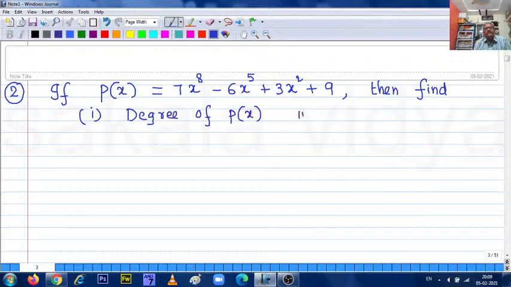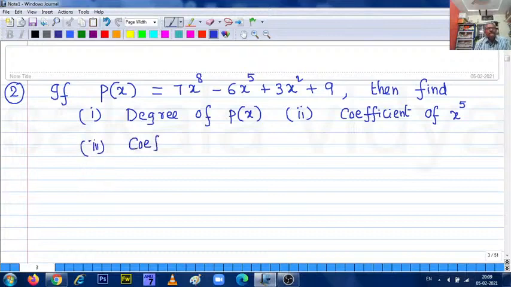Second question, coefficient of x to the power of 5. Third, coefficient of x to the power of 0.